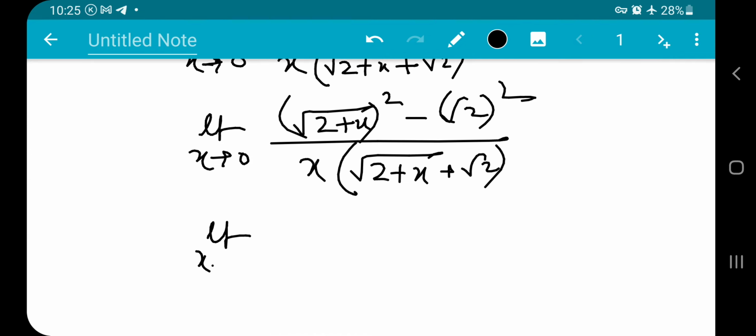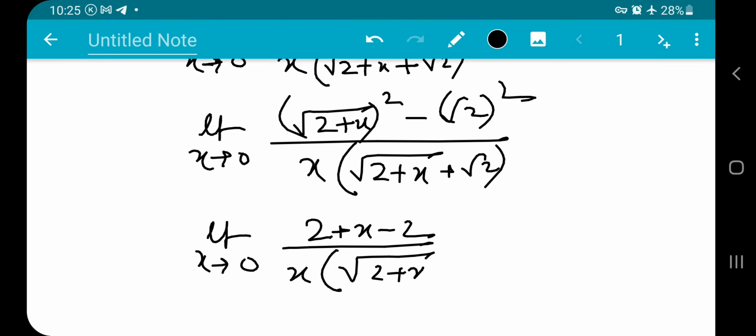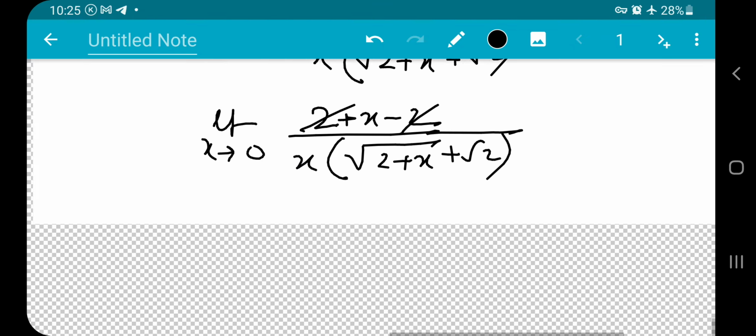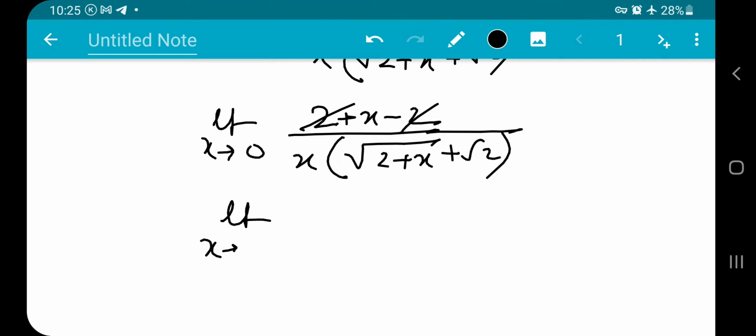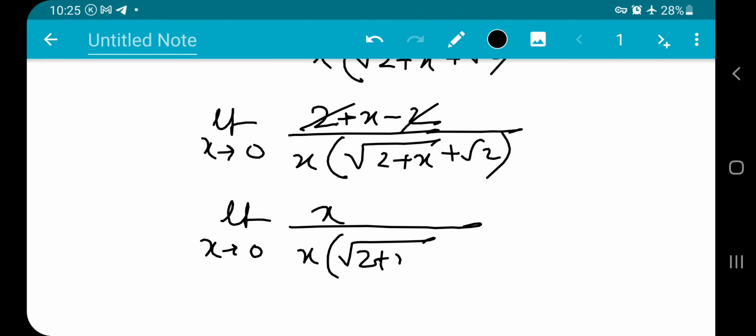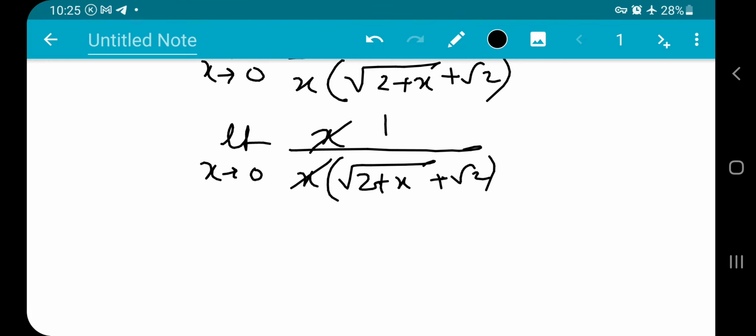So limit x tends to 0 is 2 plus x minus 2 by x (root of 2 plus x plus root 2). So this 2 gets cancelled. The limit x tends to 0, x by x (root of 2 plus x plus root 2). x gets cancelled. If I put 0 in the place of x, getting root 2 plus root 2, which is 1 by 2 root 2.